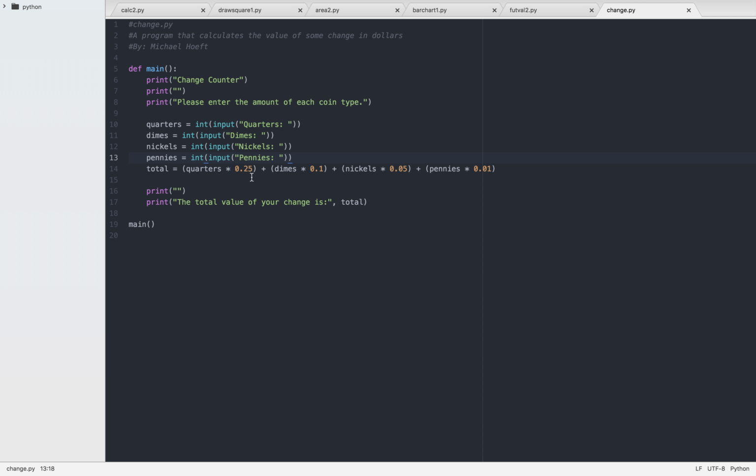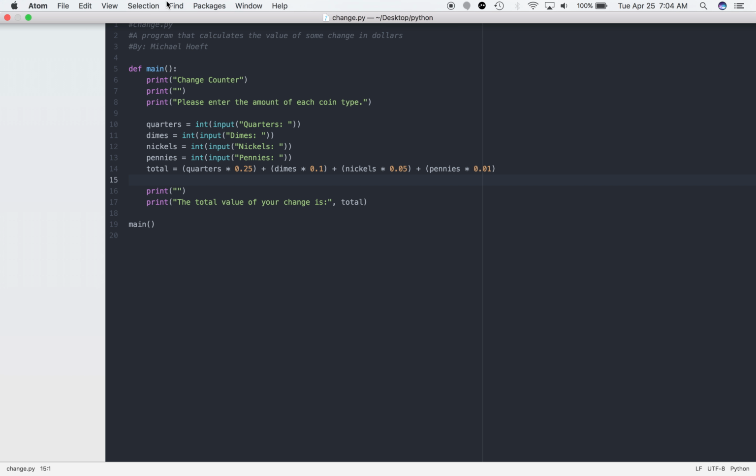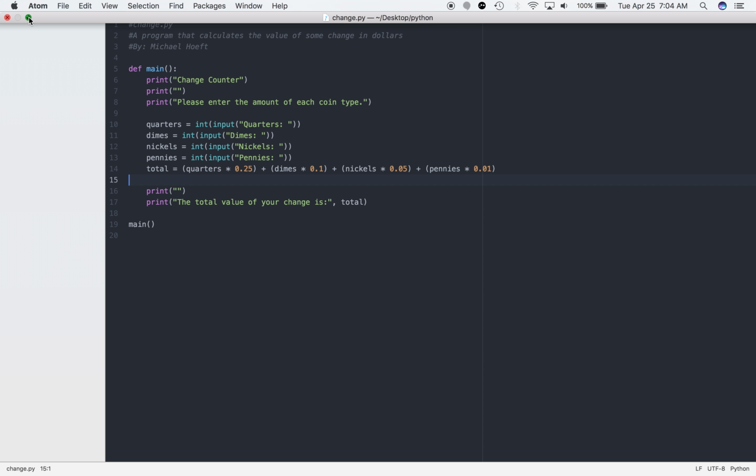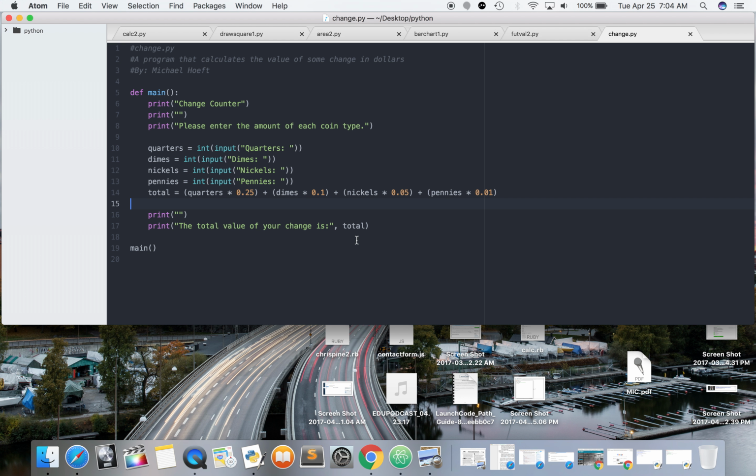0.01, 0.05, 0.1, 0.25. Now, right now, we don't know enough to round off to the nearest hundredth to make it actual money. But let's see how it works.